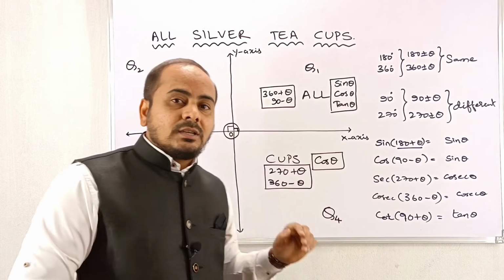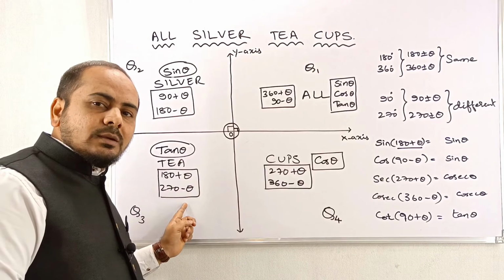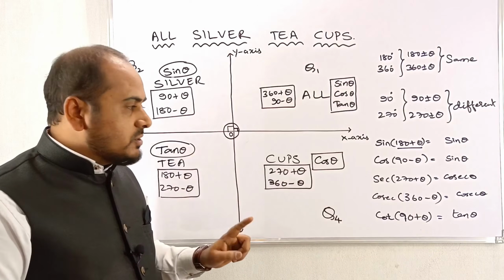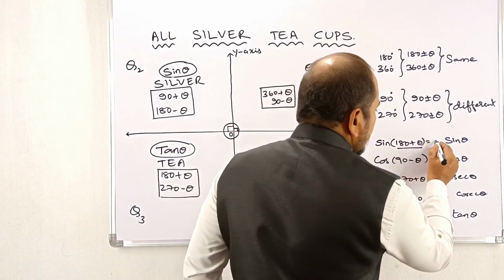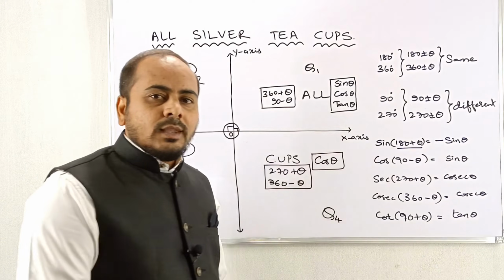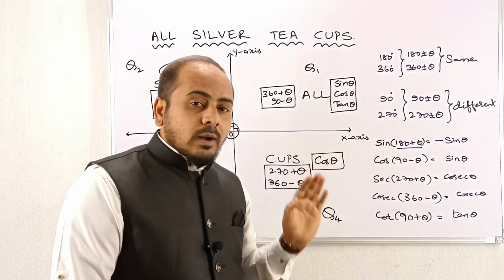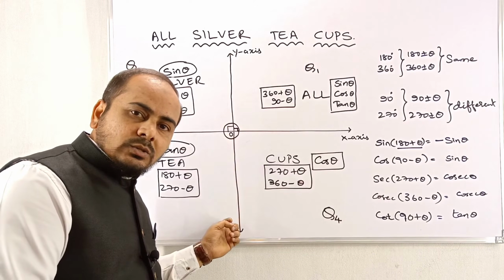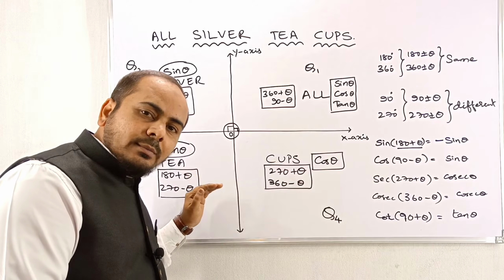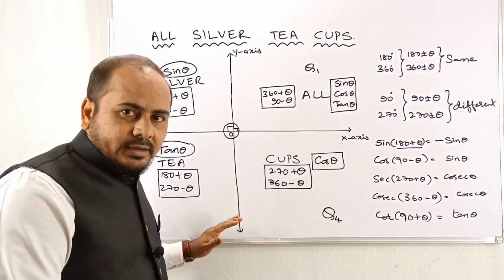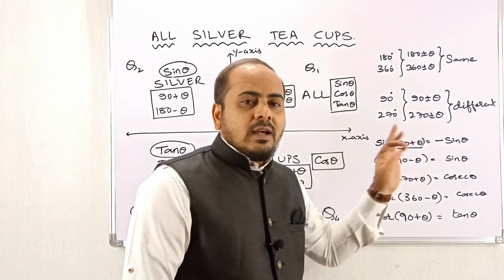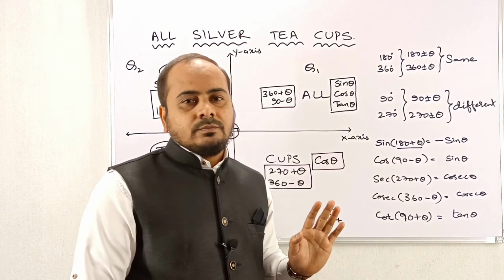Sine 180 plus theta: 180 means it comes here, plus theta means it represents the third quadrant. All Silver Tea Cups, tan is positive. Here sine means negative. Once again I am repeating, my dear: 90, 180, 270. 180 plus theta means it comes in the third quadrant. Tan is positive, so sine value will be negative.